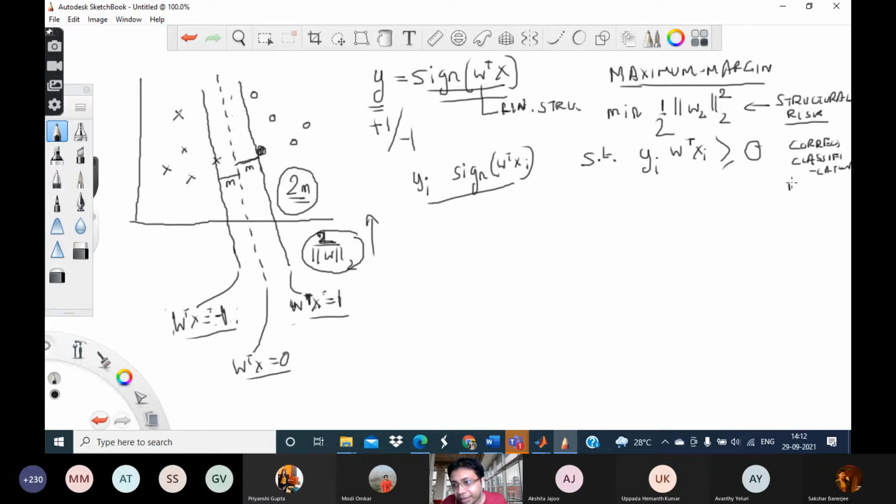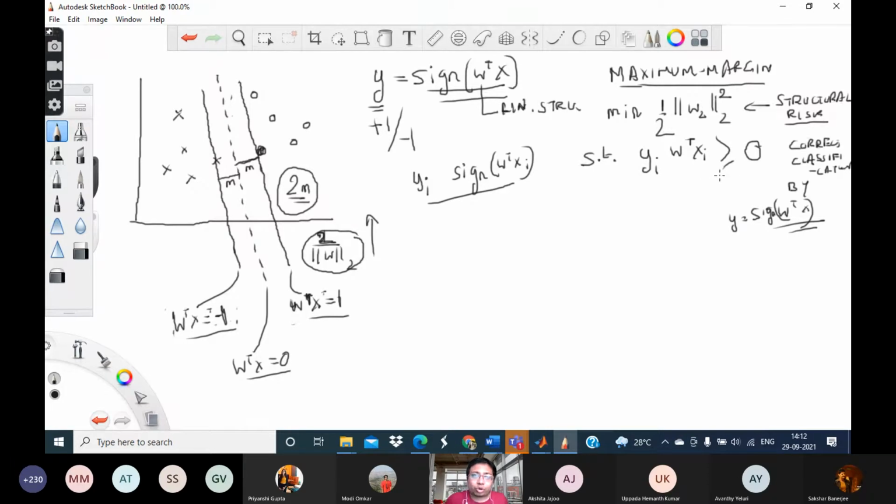By the classifier sign of W transpose X. If this is greater than or equal to 0, then this particular classifier is classifying the point correctly.